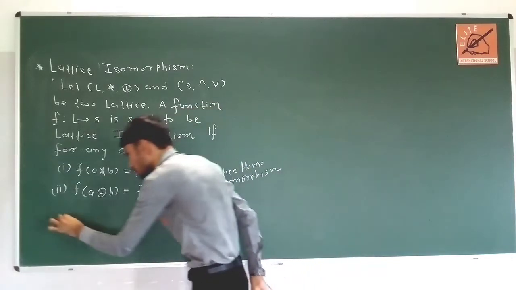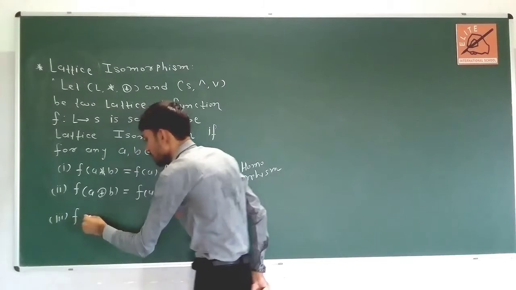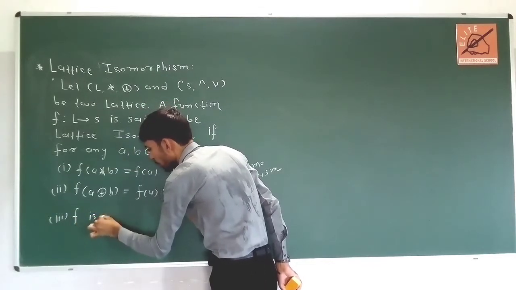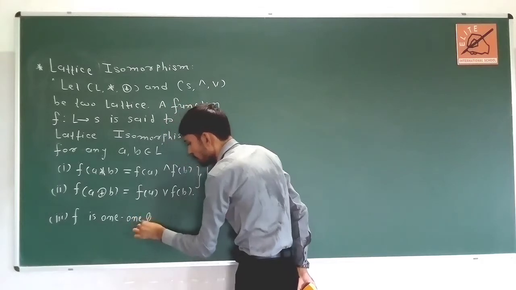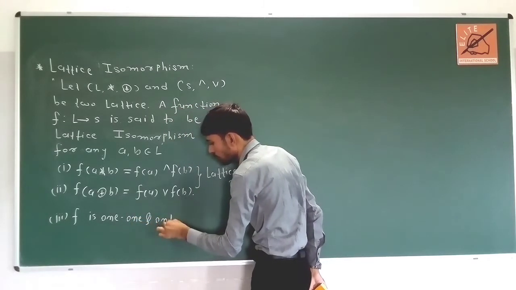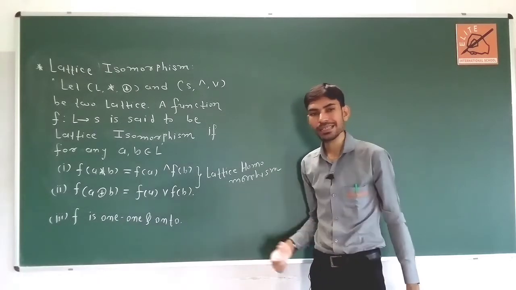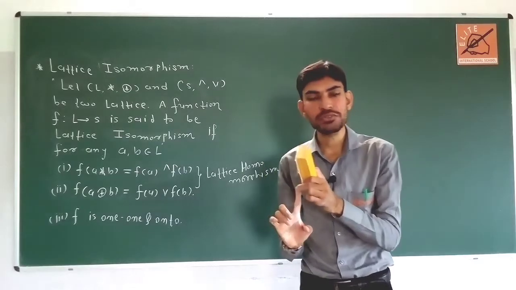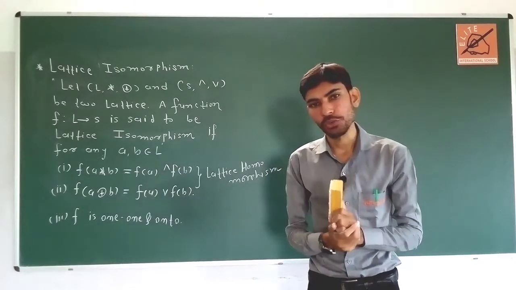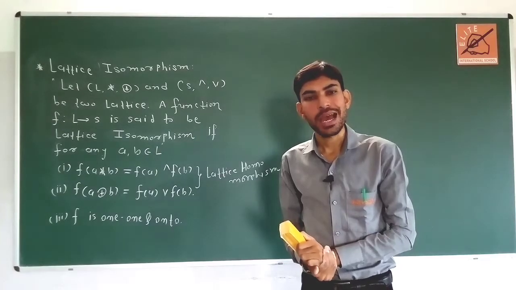Now we add one other condition: if f is one-one and onto, then our function is the lattice isomorphism. It means our function should be a lattice homomorphism as well as one-one and onto. Then we say our function f from L to S is the lattice isomorphism.